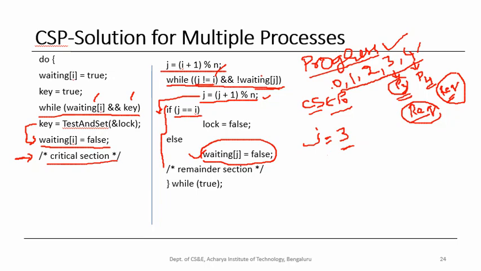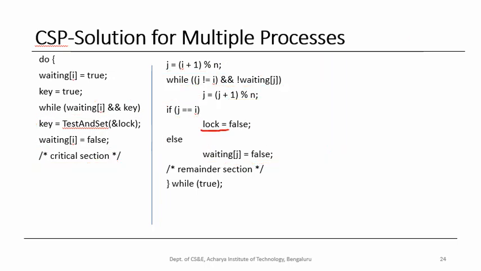Now you must be wondering why this lock is equal to false. Now take the same example, 0, 1, 2, 3, 4. Let's assume this has gone into the critical section and no other process is willing to enter into the critical section. But this Pi should give a fair chance to other processes to get into the critical section.